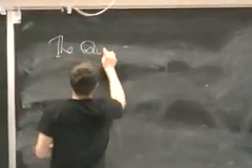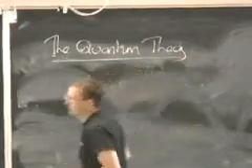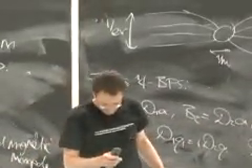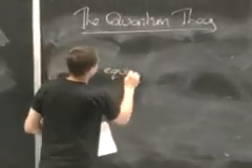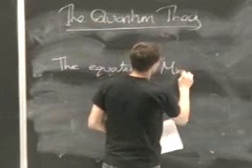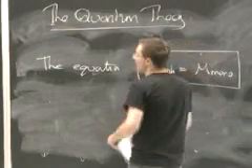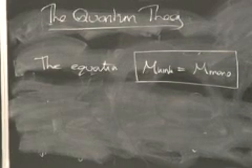Okay, so now let me tell you about the quantum theory. The key point that I want to make is that the equation M kink is equal to M monopole, this equation that I just derived classically over here, survives in the full quantum theory when you quantize.